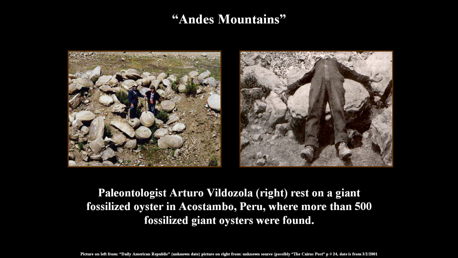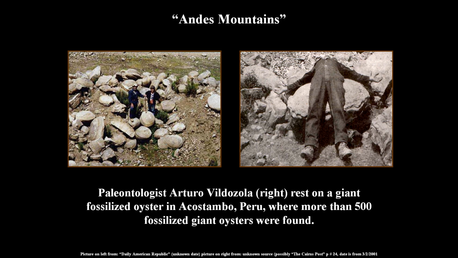This right here is at the Andes Mountains. Paleontologist Arturo Vildozola, that's him laying on this big rock, rests on a giant fossilized oyster in Acostambo, Peru, where more than 500 fossilized giant oysters were found.